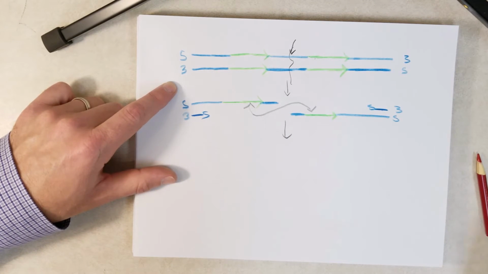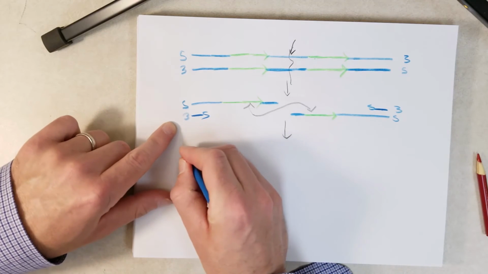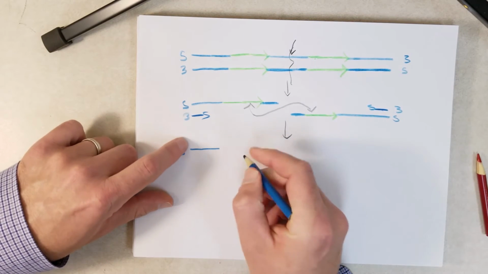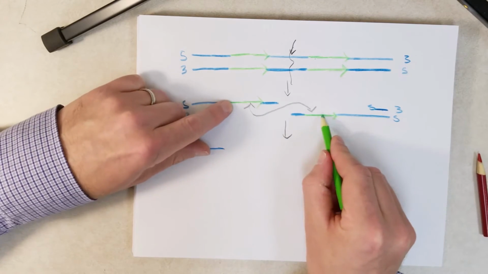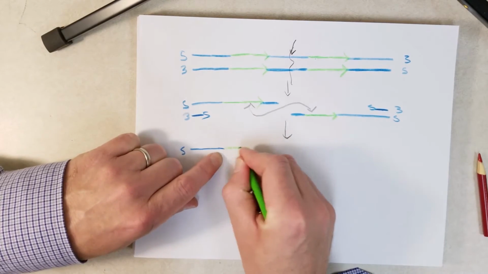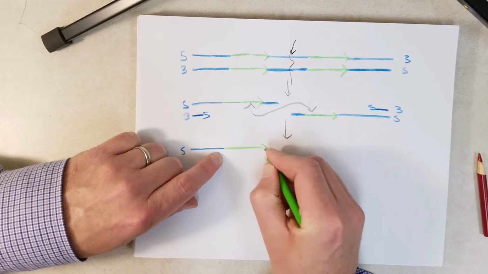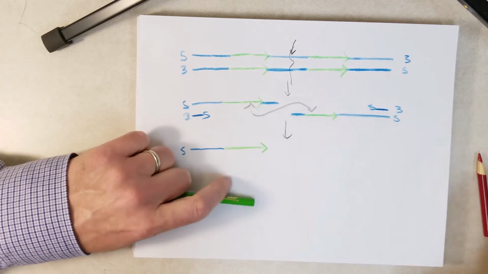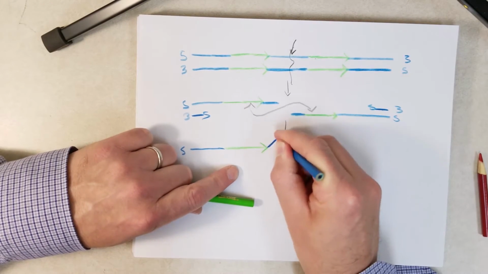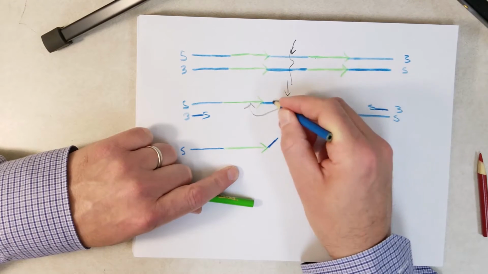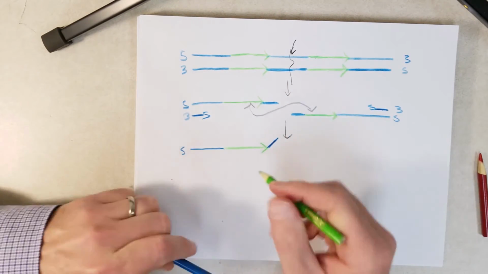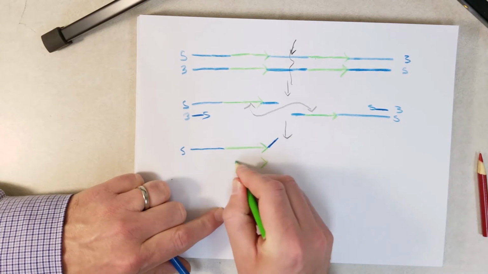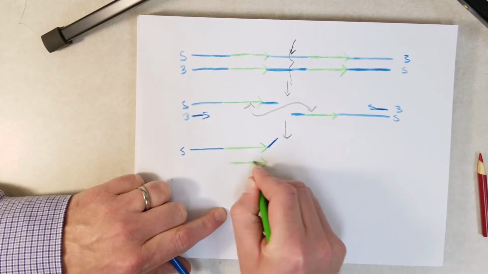So what can happen in this mechanism is that these are going to anneal. And we're going to get these little flaps right here. Because this blue, these probably aren't complementary, or don't have to be complementary.